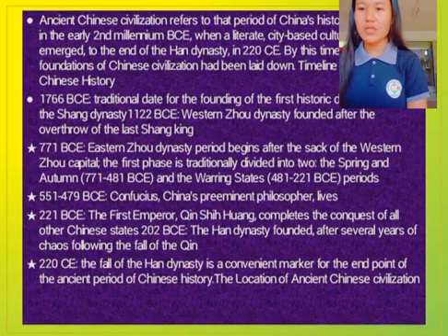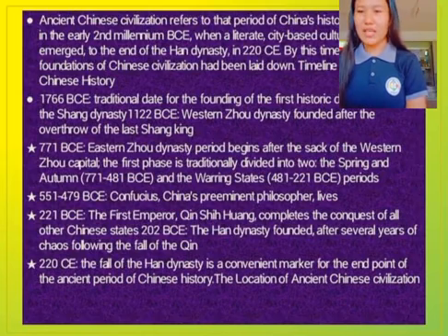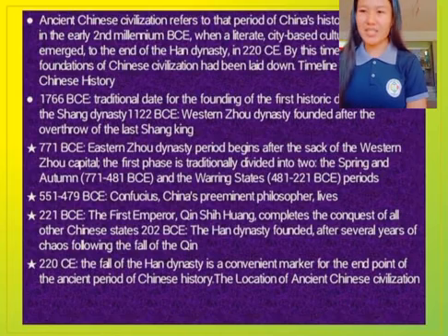The first phase is traditionally divided into two: the Spring and Autumn, and the Warring States periods. In 551 to 479 BCE, Confucius, China's preeminent philosopher, lives. In 221 BCE, the first emperor, Qin Shi Huang, completes the conquest of all other Chinese states.